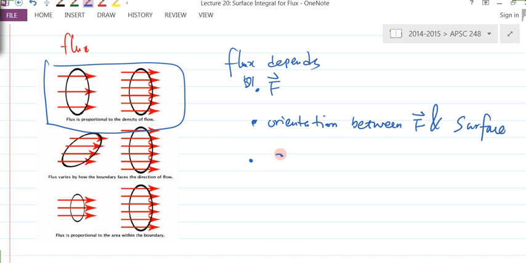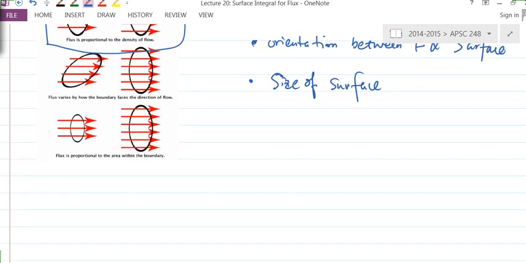And then it also depends on the size of the surface. So that's what we're going to try to come up with, a formula to evaluate this quantity flux. And that formula we're going to come up with is the so-called surface integral.